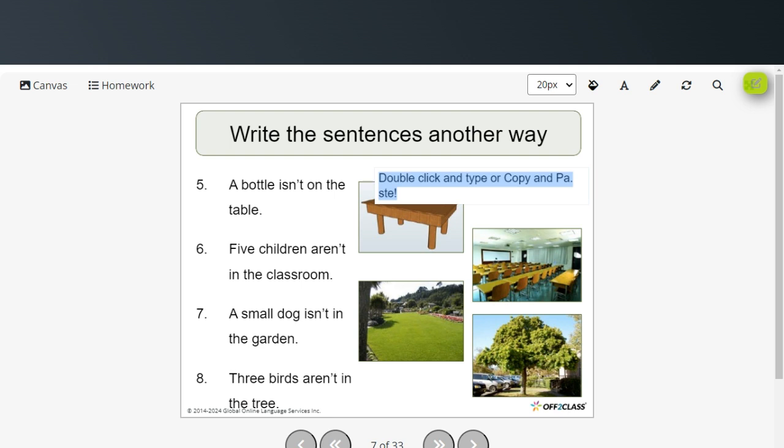So there isn't a bottle on the table. 5 children aren't in the classroom. There aren't 5 children in the classroom.